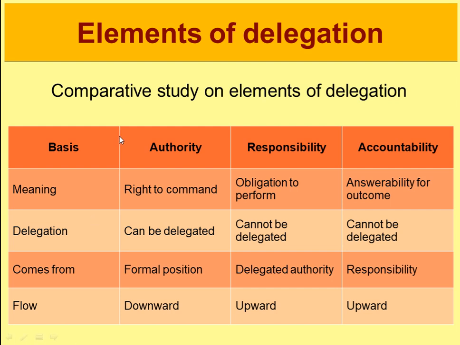Authority comes from the formal position, and after delegating authority, responsibility arises, and from responsibility comes accountability. The flow is authority downward and responsibility upward, from junior to senior, and accountability also flows upward.